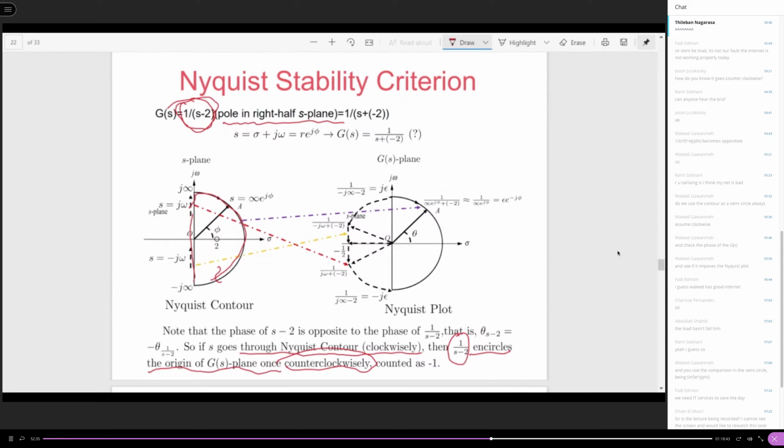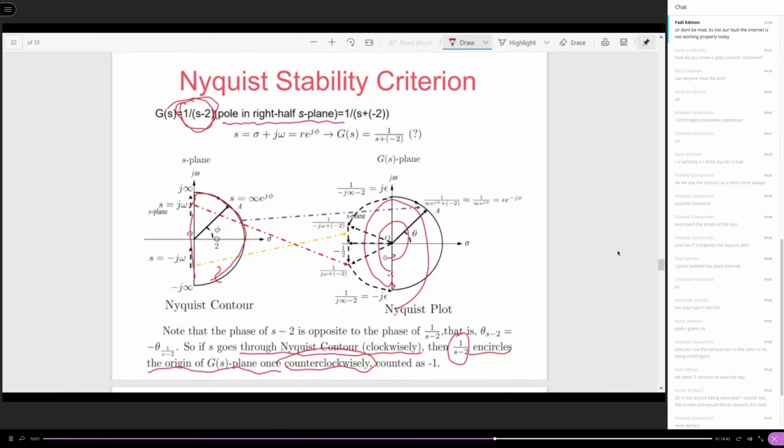Why? Because the phase is opposite. One is in the denominator, the other one is in the numerator. So the essential difference is the phase. Of course, the magnitude could still be different because it is the inverse of the other one, but the magnitude doesn't affect the encirclement. It doesn't matter if your encirclement happens this way or this way; what I count is this encirclement. Okay, your question?